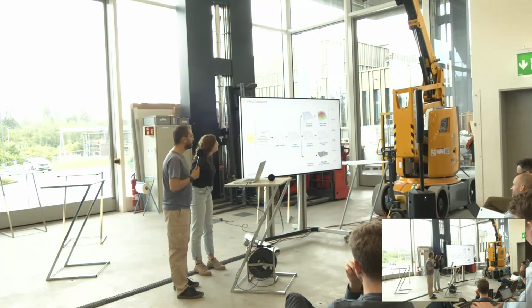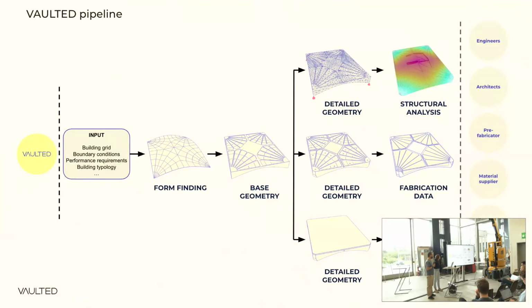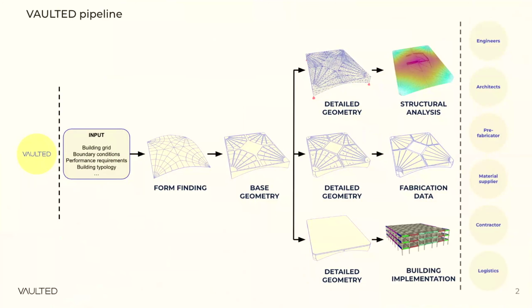Last year we presented our workflow in Volted, how we try to bridge the gap between Volted, as you see it on the left, and all the collaborators and partners in the industry.